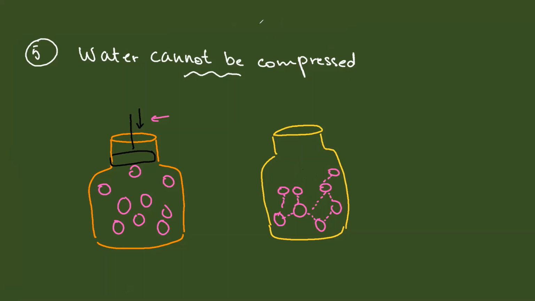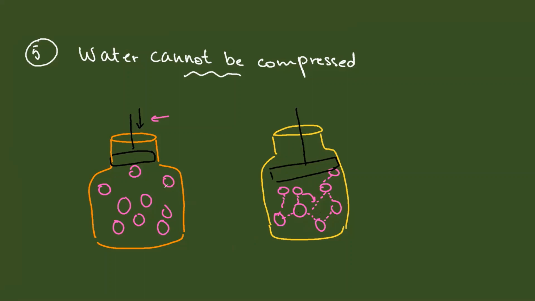So if I try to compress them like this by a piston or a compressor or whatever, even if the water molecules are trying to be compressed, the hydrogen bond is going to stop them. That's why the water molecules cannot come in between each other, because there is a hydrogen bond in between that is blocking the way.